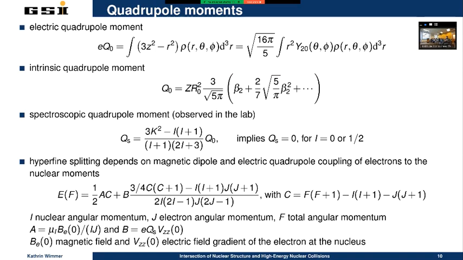So this is challenging, and this electric field gradient at the nucleus has to be calculated quite precisely. But spectroscopic quadrupole moments can be extracted again from atomic spectroscopy. It is not an easy measurement, and it only accesses the ground state properties.